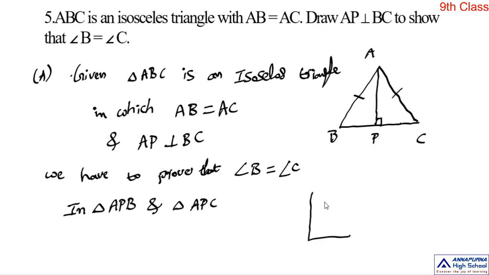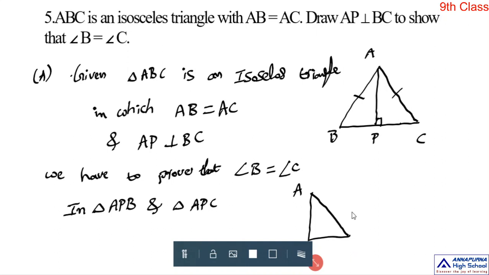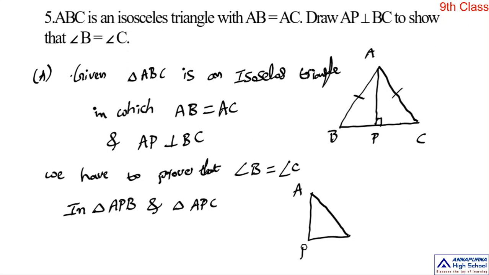First one, APB. Next one, triangle APC. First one is right angle triangle APB and second one is APC.